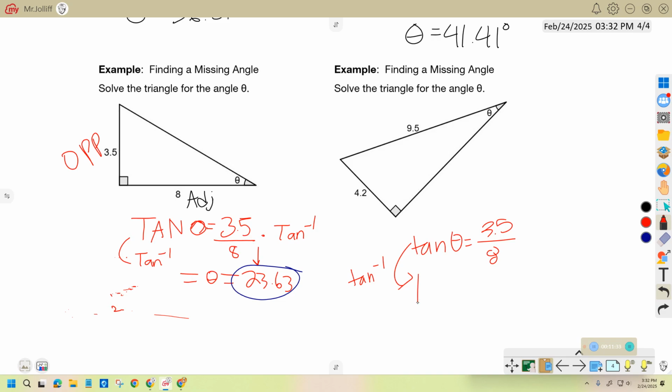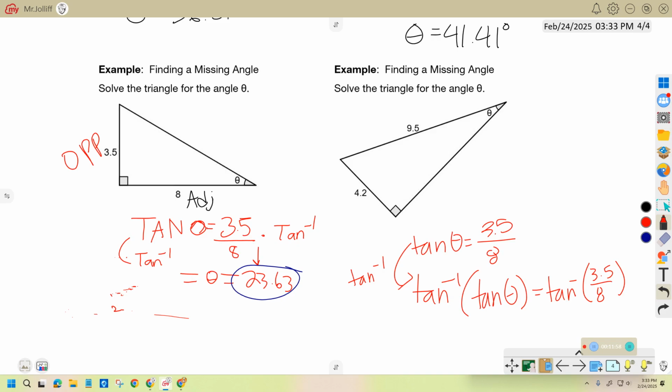Because what's actually happening is this. I'm taking tan inverse of what was on the left, and I'm taking tan inverse of what was on the right. And those things come after the tan inverse because they're arguments inside of the tan inverse function. So it's not technically multiplying by tan inverse, it's taking tan inverse of whatever was sitting there.